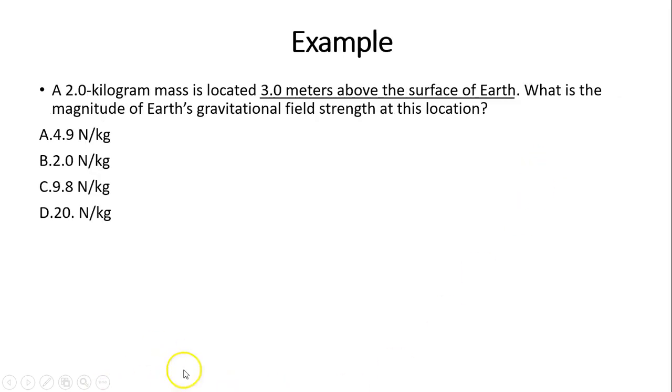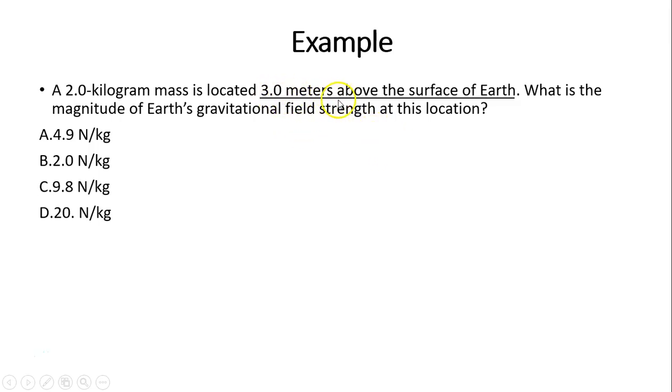Let's take a look at this example. A 2 kilogram mass is located 3 meters above the surface of the Earth. What is the magnitude of gravitational field strength at this location? 3 meters above the surface of Earth. Basically, it is the surface of the Earth, because the radius of the Earth is 6.37 times 10 to the 6 meters. So 3 meters is very, very minuscule compared to the radius of the Earth.